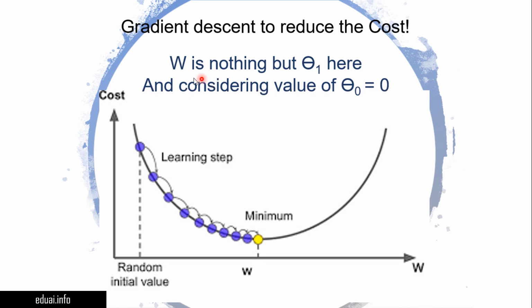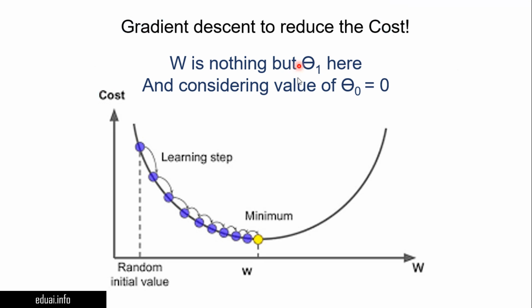We are considering theta 1 only just to keep it simple, and so that we can visualize. If I consider theta 0 and theta 1, then this diagram will go three-dimensional.